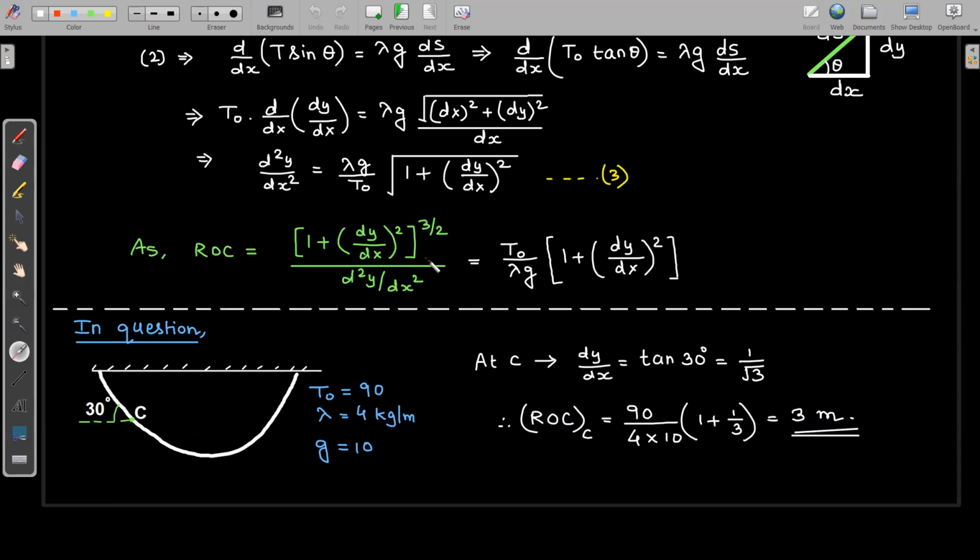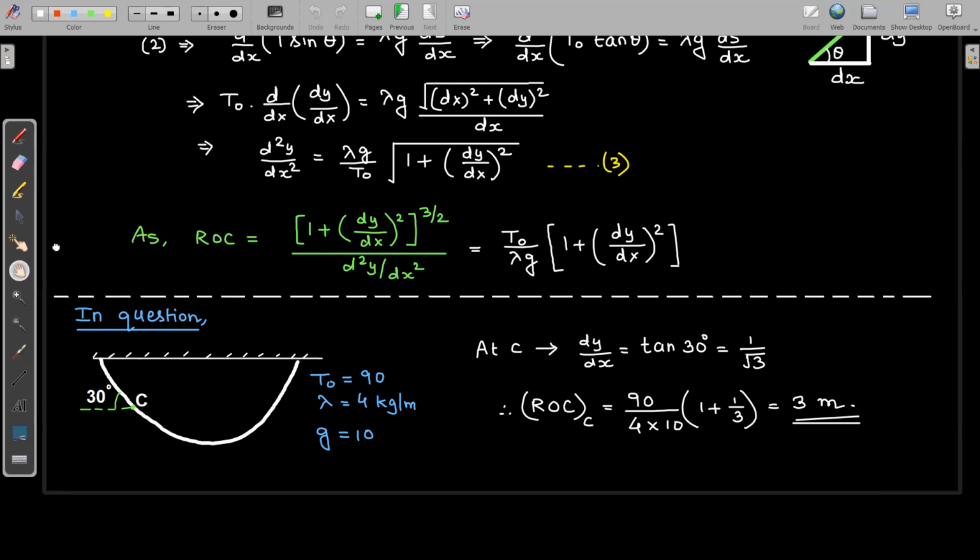So the radius of curvature comes out to be t naught by lambda g into 1 plus dy by dx whole square. Remember, this t naught was the horizontal component of tension at any point, which was also equal to the tension at the lowest point of the string. Lambda is the mass per unit length, g is acceleration due to gravity, and dy by dx is the slope of tangent at any point on the rope.